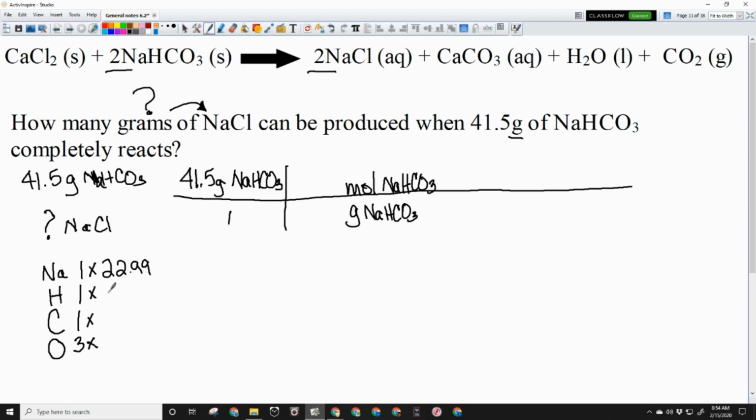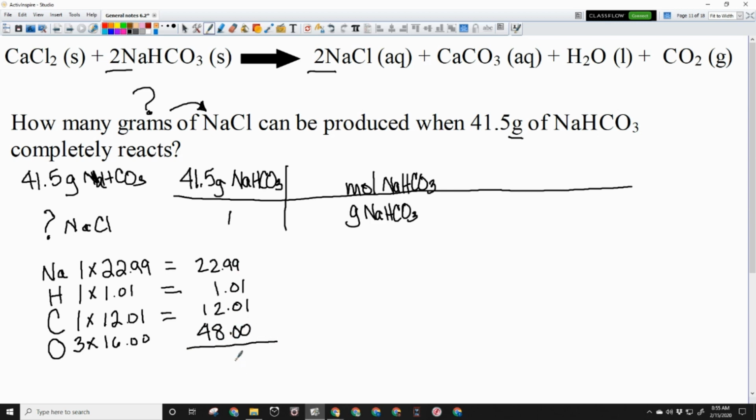22.99. All right, hydrogen I know is 1.01. Carbon is 12.01, and oxygen is 16. I know those for a fact from the top of my head. So 1 times 22.99 is 22.99, 1.01, 12.01, and 16 times 3 is 48.